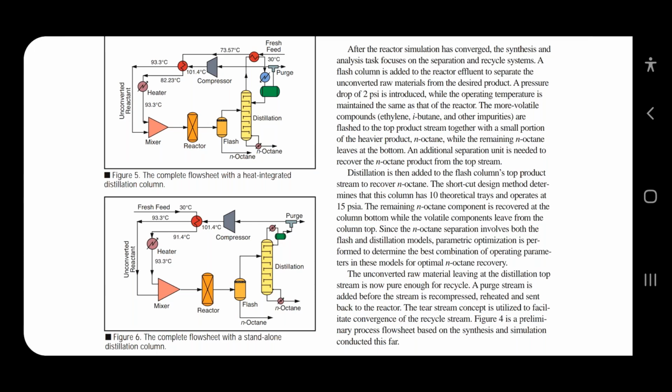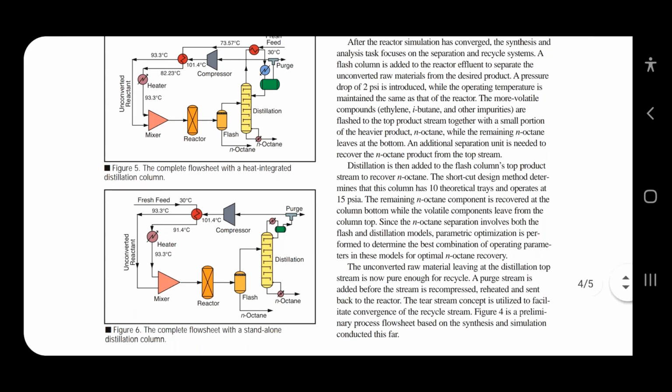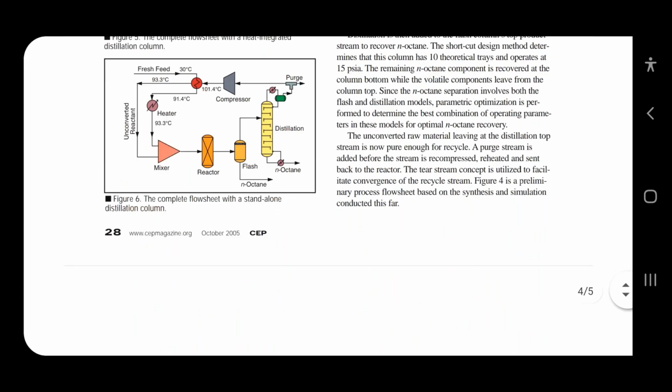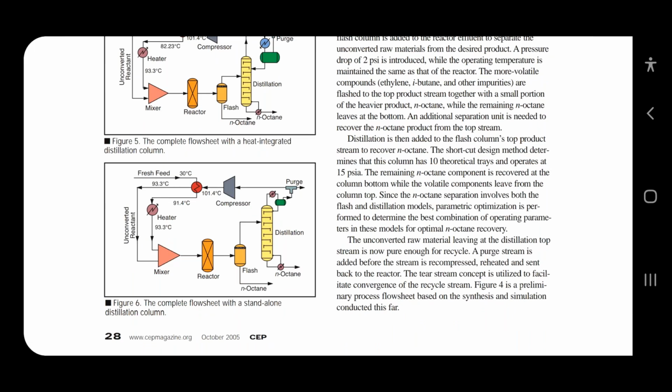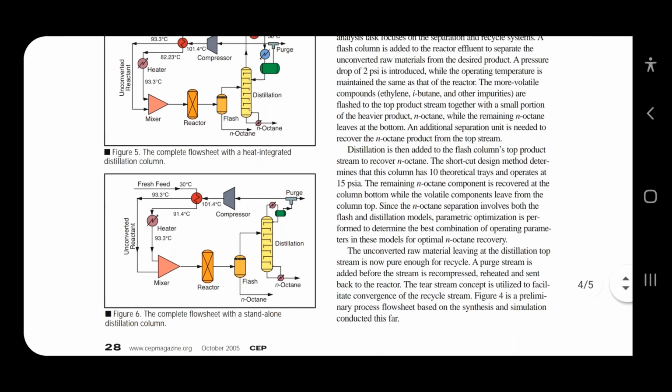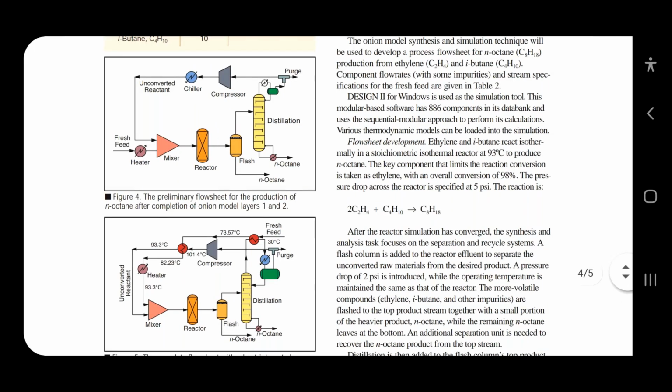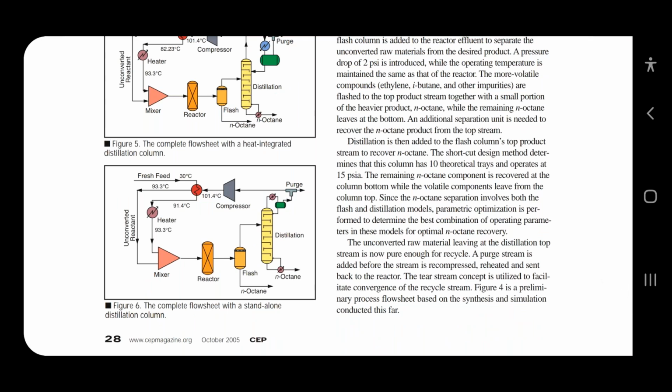You can choose the reboiler, or at the feed section, you may add a heater or cooler at the input section. So there are multiple inputs available in figure number 6. These are other alternatives.